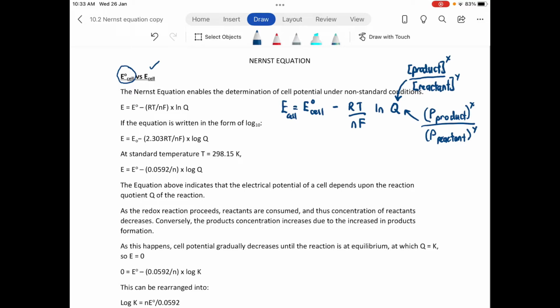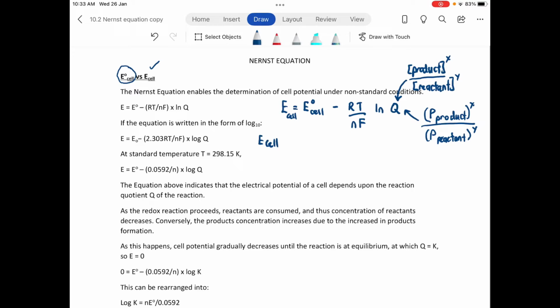Since ln is inconvenient to use in calculation, and log is much more often used, if we change ln into log, then the equation will be a bit different.